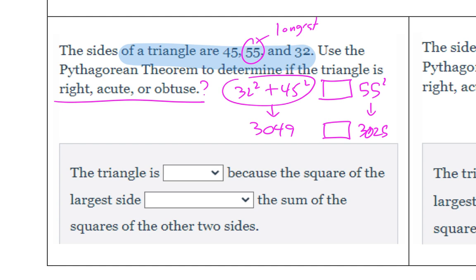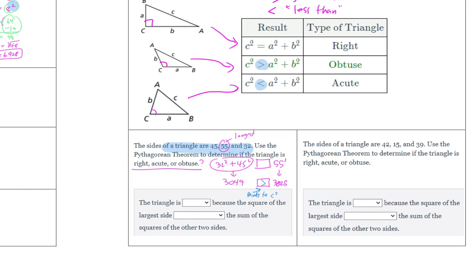So a squared plus b squared is greater than the c squared, so it's pointing to the c squared. Let's look at which one points to c squared. This one points to a squared plus b squared, and this one points to c squared. When it points to c squared, that's acute. So this triangle is acute.